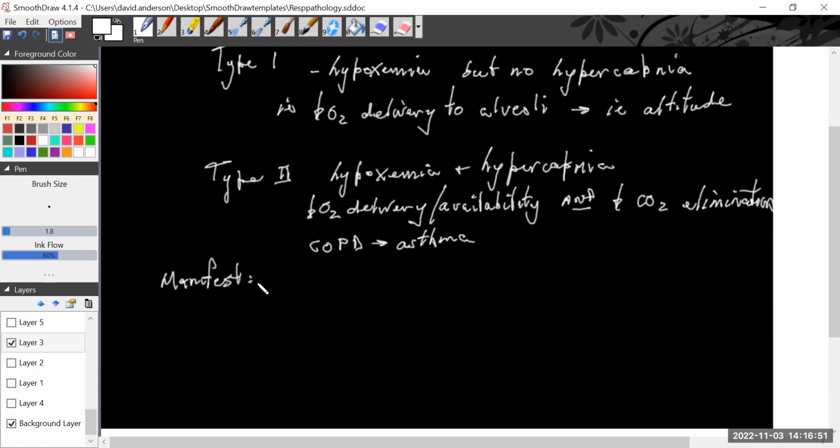So in a scenario where there's an attempt to fix the problem, we're going to see ventilation changes.